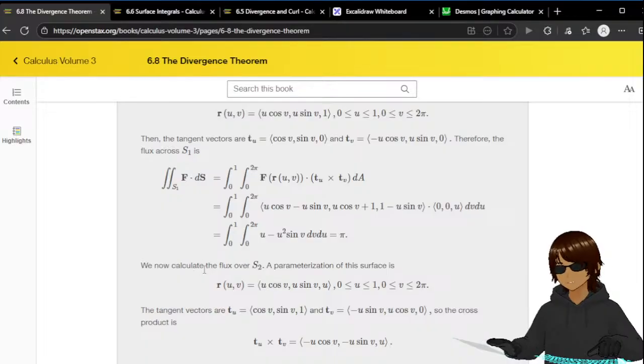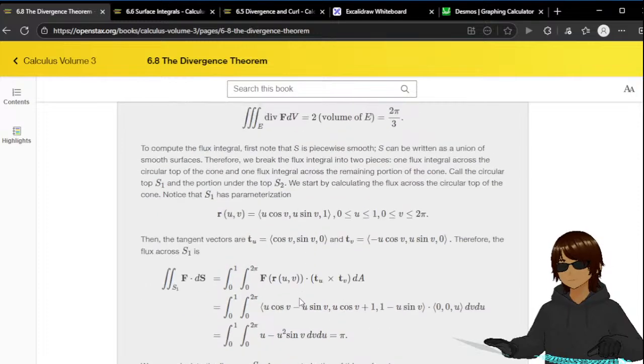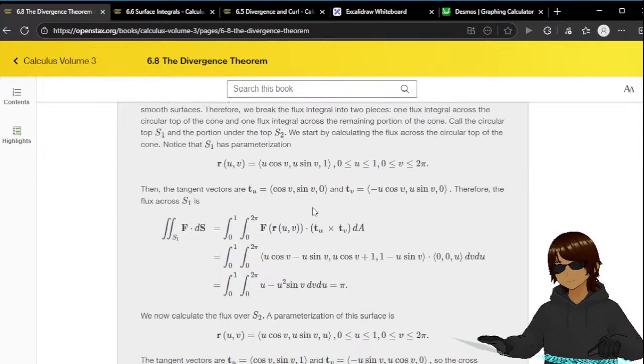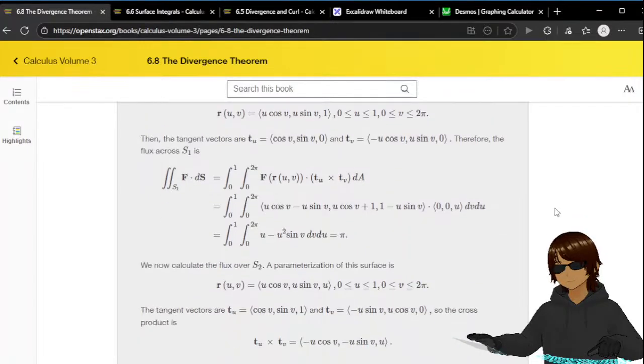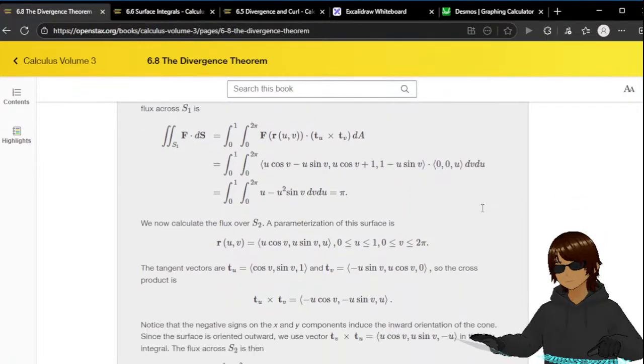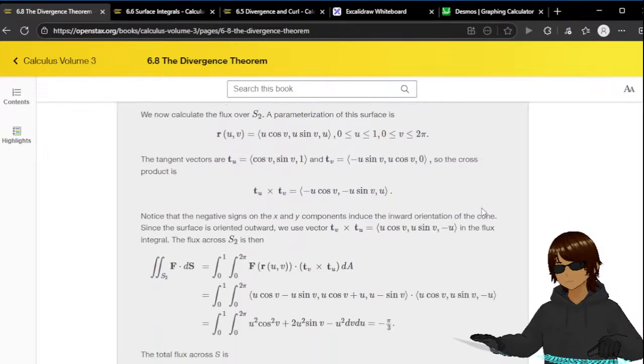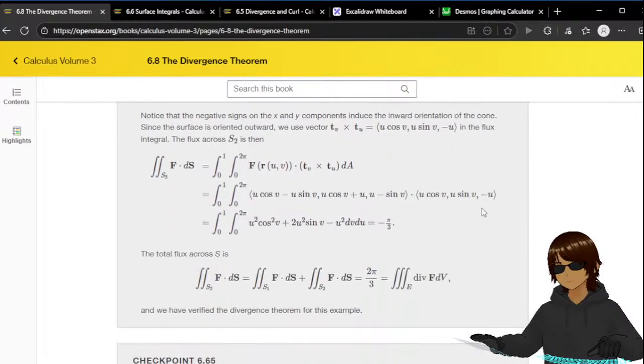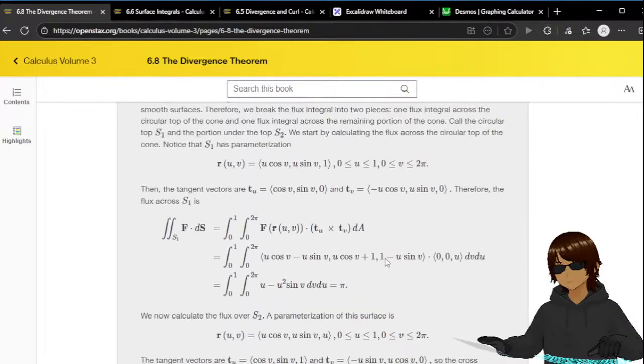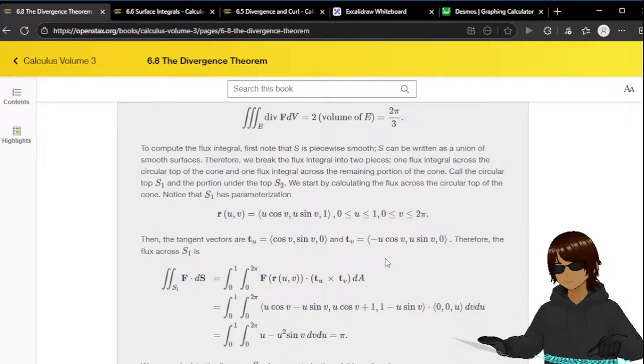Now we calculate the flux over S2. A parameterization of this surface is given. S is piecewise smooth.